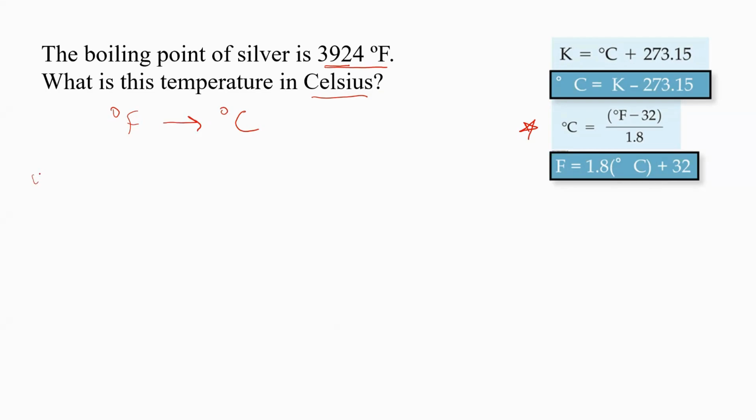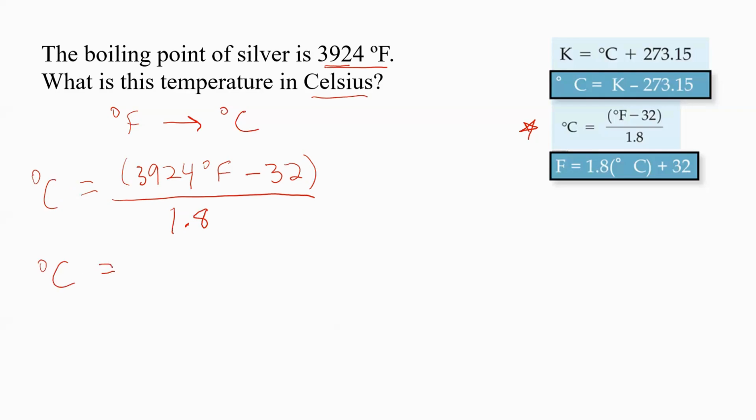So we would take our temperature in Fahrenheit, which is 3,924. Subtract this by 32 in parentheses, and then we divide this all by 1.8. So please make sure that you get the numerator down to one number. Make sure that you do what's in parentheses first.